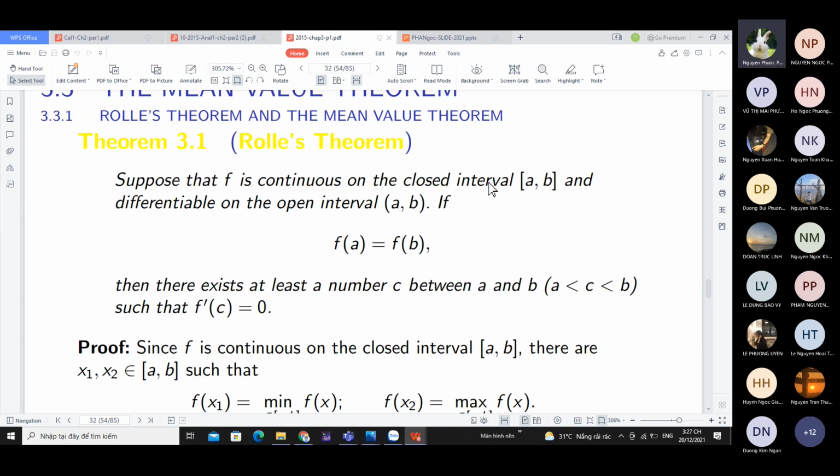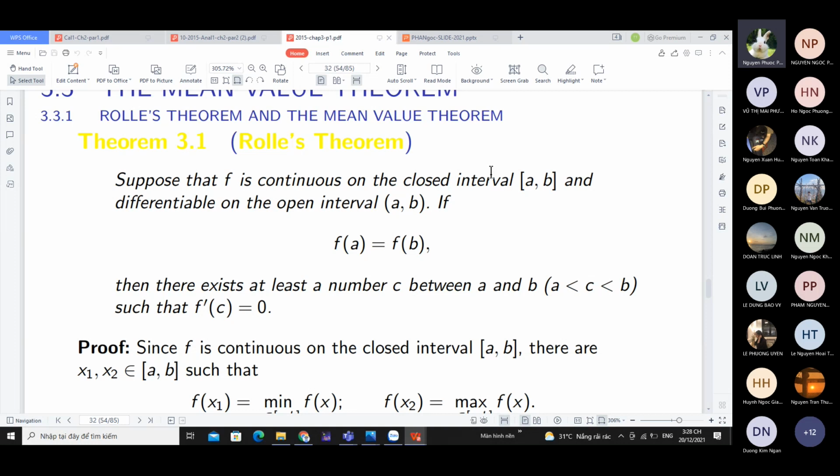The assumption of this theorem is very easy to memorize. The function f is continuous on the closed interval AB, differentiable on the open interval AB, and f(A) equals f(B). Then we can find a number C between A and B such that f prime of C equals 0.